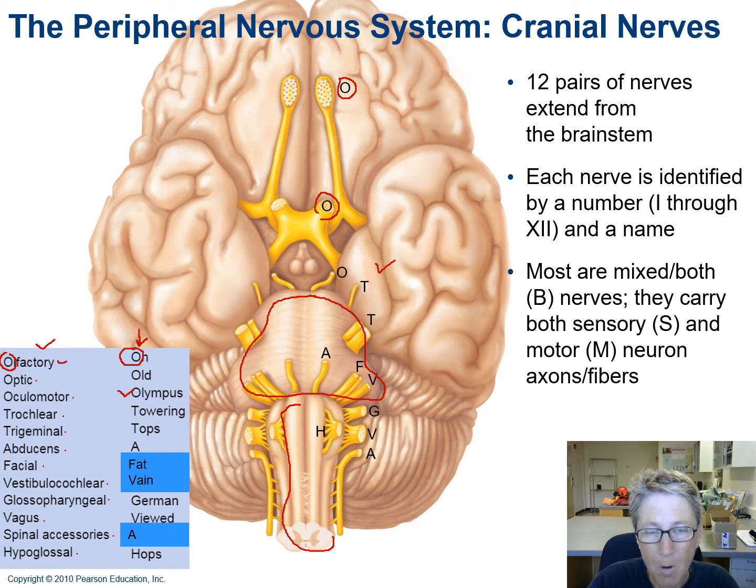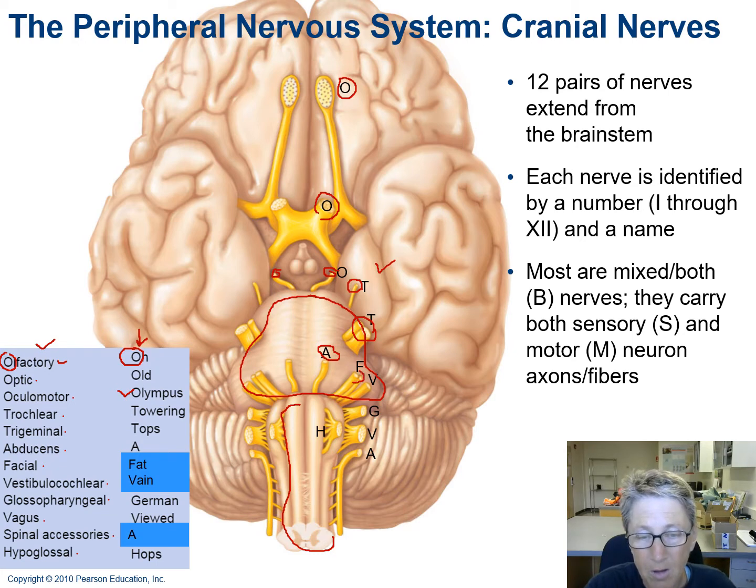The oculomotor nerve, and remember there's one on each side, so these paired oculomotor nerves, this is cut. This is the trochlear nerve, cut. This big one is the trigeminal nerve, cut. This one, a little more medial, is the abducens, that's cut.